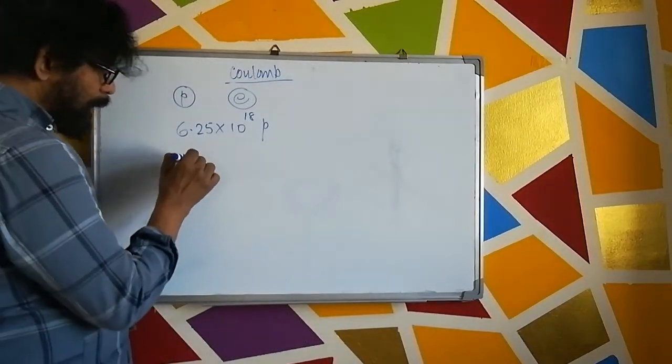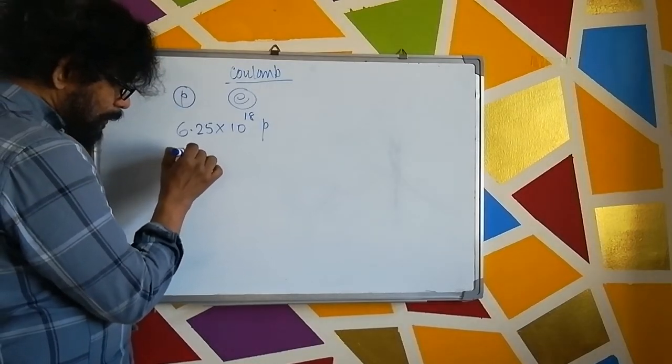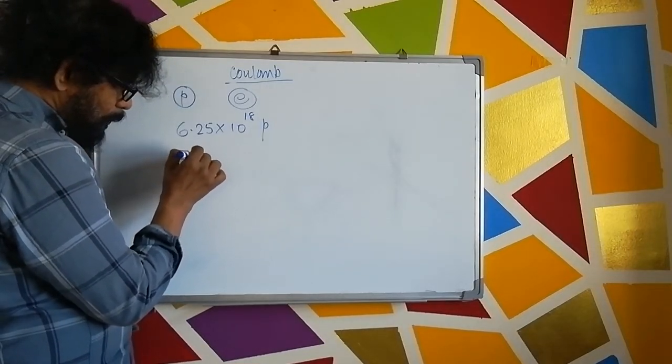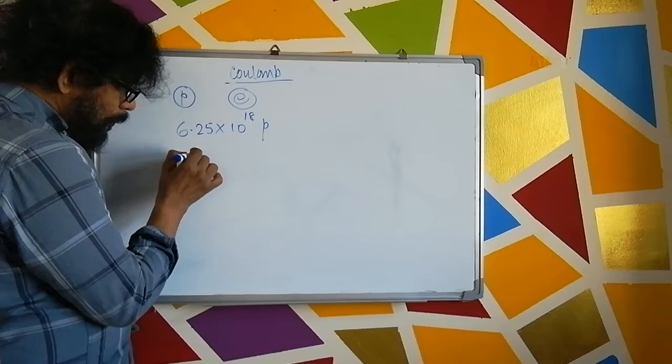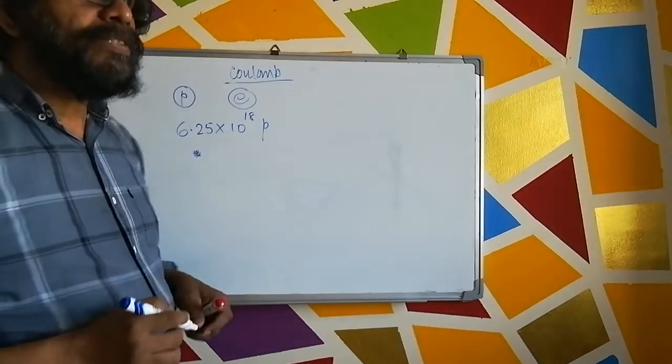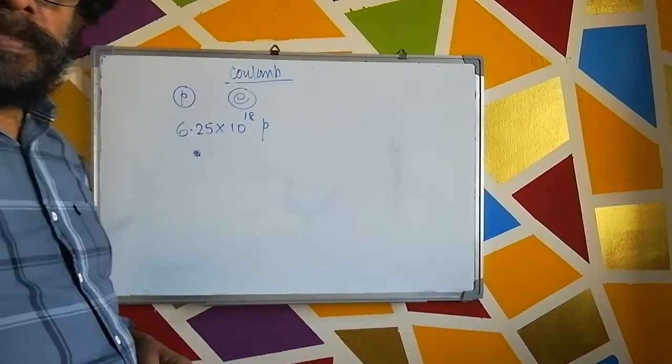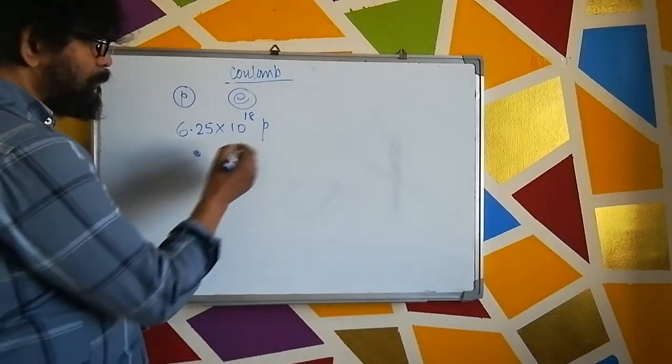If you can put them together, not that it's not possible to put so many protons together, but if you can imagine that we have done so, then the total charge on so many protons can be considered as 1 Coulomb.